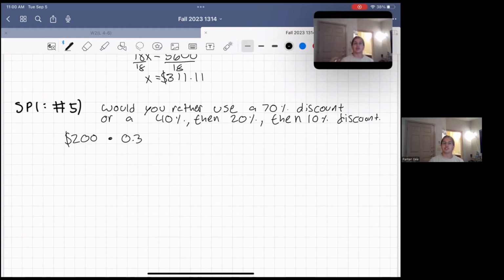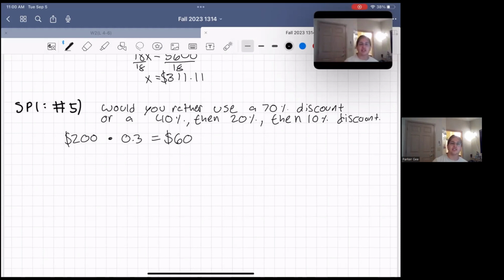And 30% into decimal is just 0.3. 200 times 0.3, again, you can use your calculator, is $60. So that's our 70%.